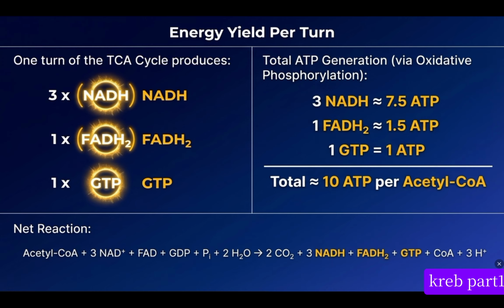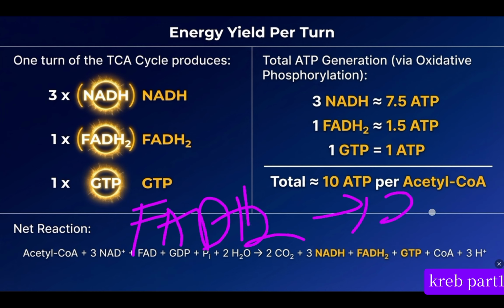If you go back and count them, you see that your total NADH produced is 3. Your FADH is 1, and your GTP is what? 1. And for FADH, some textbooks will tell you that FADH will yield 2 ATP, and some textbooks tell you FADH will yield 1.5 ATP. Me, I'm using 1.5 ATP.